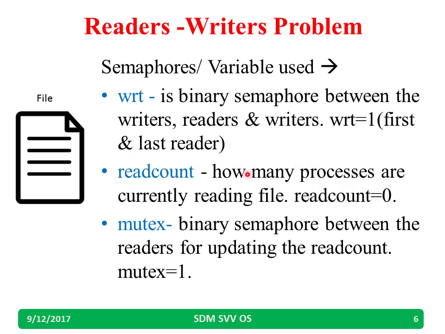It gives the information of how many processes are currently reading the file. If no process is reading the file, it is 0. Another semaphore we use is mutex, a binary semaphore between the readers for updating the read count, because read count is a variable shared among the readers. Only one reader should access the read count at a time, and for that we use a mutex. Read this again, try to remember, then we'll go to the next slide.